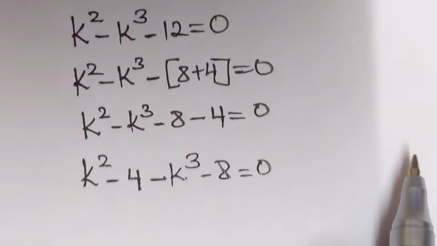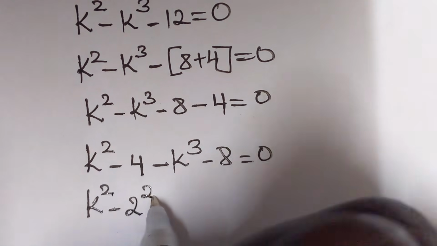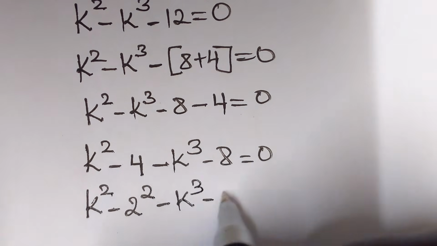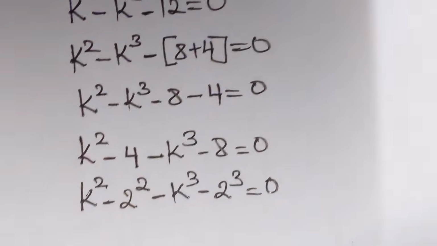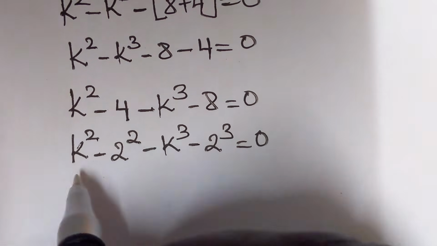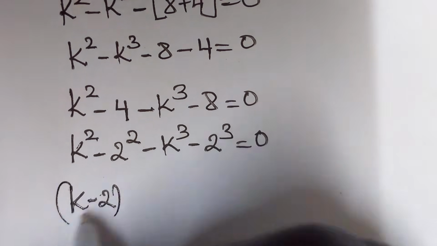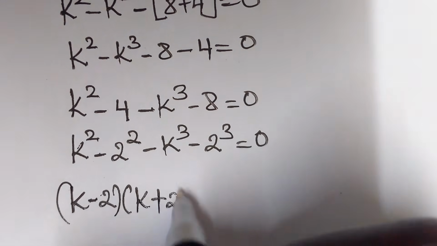And this we write as k squared minus 2 squared minus k power 3 minus 2 power 3, which equals 0. In a similar way, the first part is the difference of two squares, which separates into k minus 2 times k plus 2.